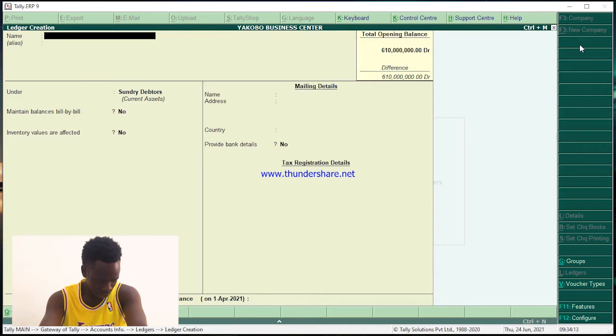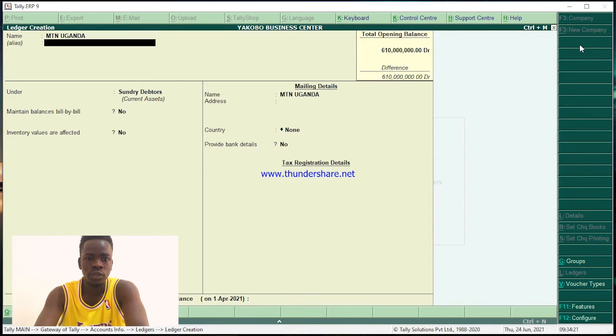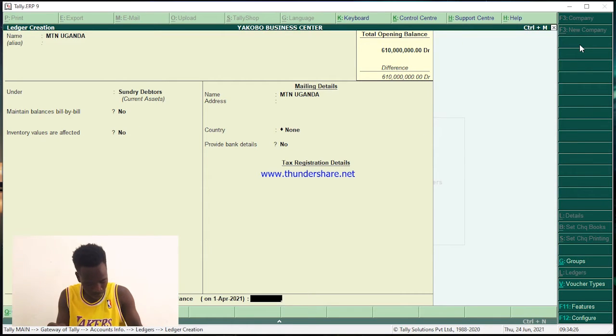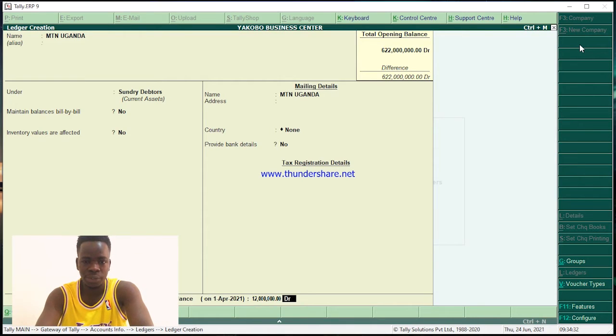We're going to create another sundry debtor, MTN Uganda. It's a sundry debtor. We're going to accept it and put the opening balance as 12 million. We got another one, which is Stephen. We receive payment from Stephen as a sundry debtor. We're going to accept it.